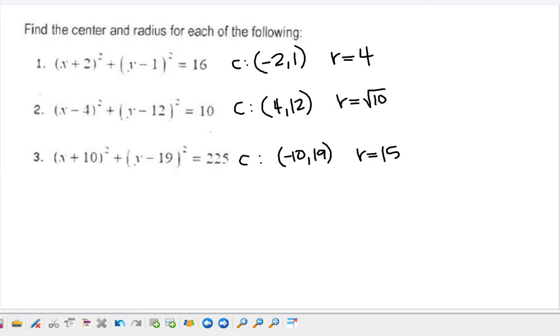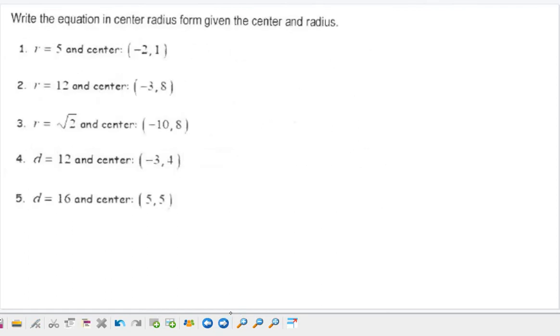Okay, so write the equation in center radius form given the center and radius. So same information, and we're just working backwards. So x, opposite, so instead of a -2, it would be (x + 2) squared. The middle is always plus. Y, opposite, so it's a +1, so it'll be (y - 1) squared is equal to the radius squared, so r squared is 25.